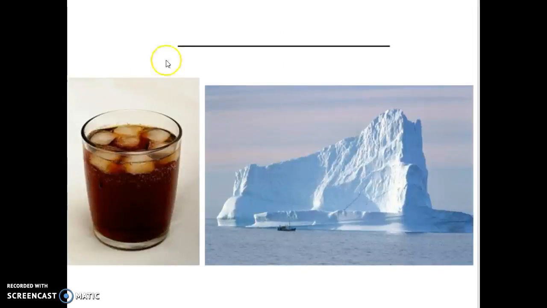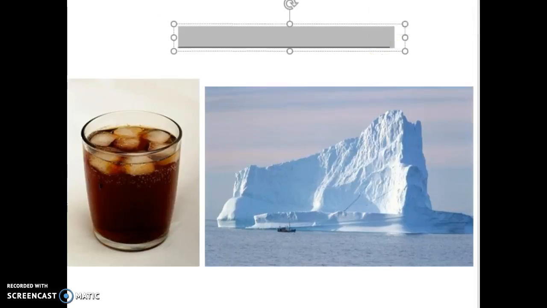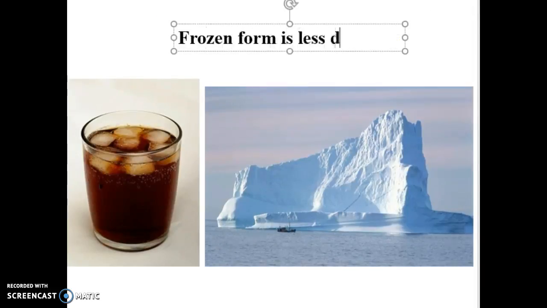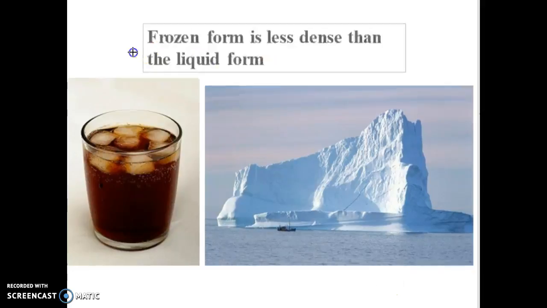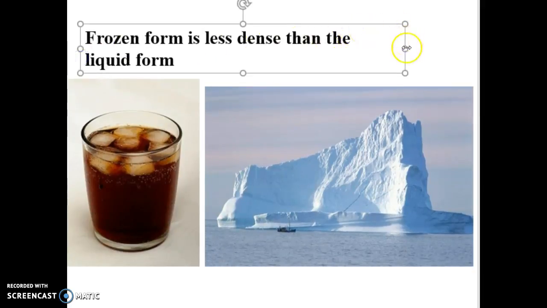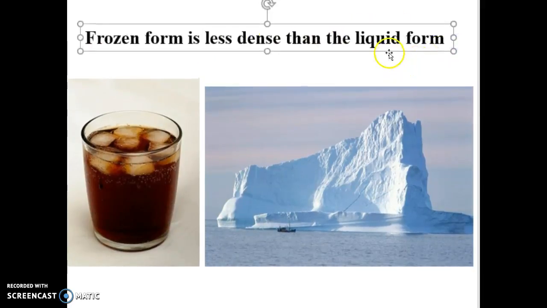The last property to mention is that the frozen form is less dense than the liquid form. Okay? Ice floats. It's not a crazy concept. It's something that we take for granted.